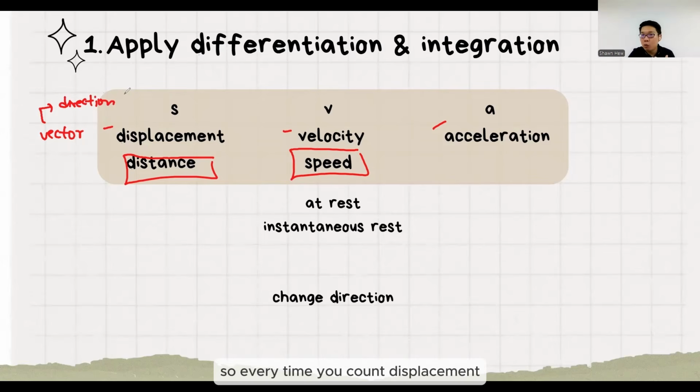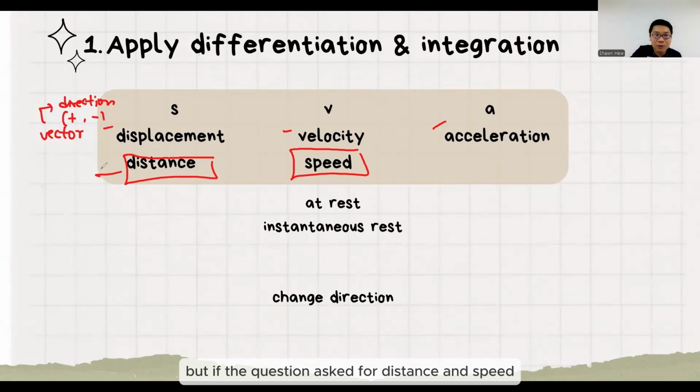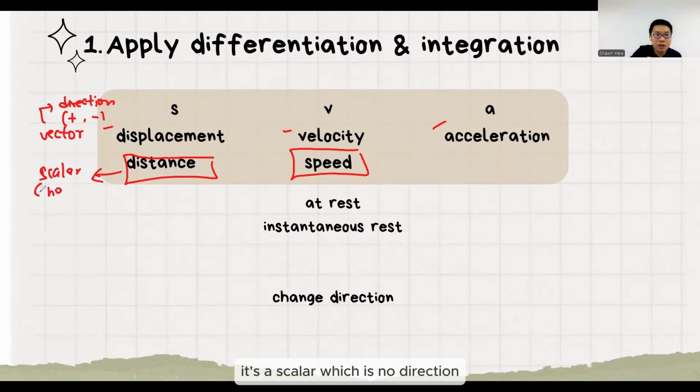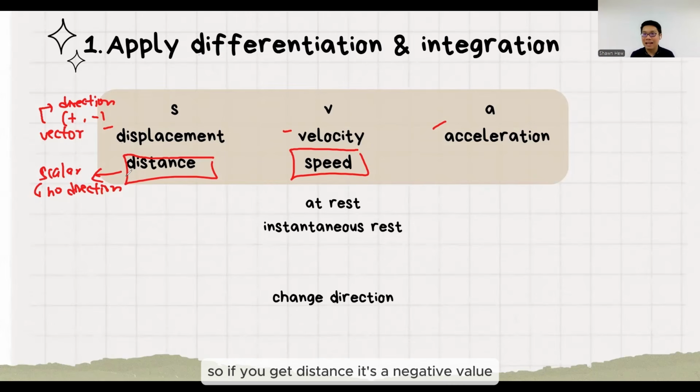So every time you find displacement, velocity, and acceleration, if your answer is plus or minus, you must show it, because this positive or negative shows you the different direction. But if the question asks for distance and speed, it's a scalar, which has no direction. So if you get a negative distance, for example negative 26, make sure the distance is just 26. You should change it back to positive only, with no negative symbol.